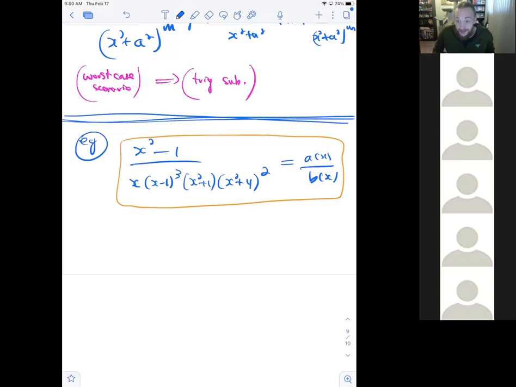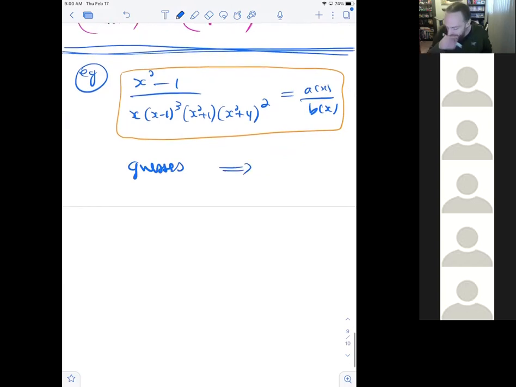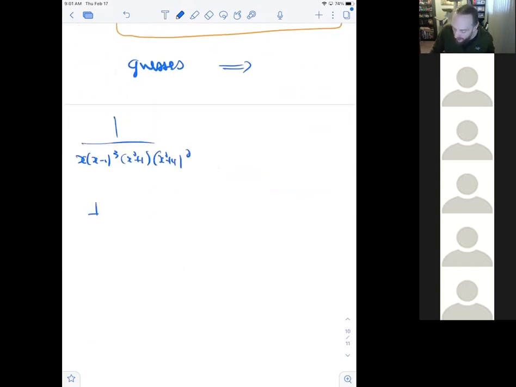So what do I do with this now? I have to make my guesses. I can ignore the top. I have x minus 1 cubed, x squared plus 1, x squared plus 4 squared. So the 1 over x implies, I guess, a over x.